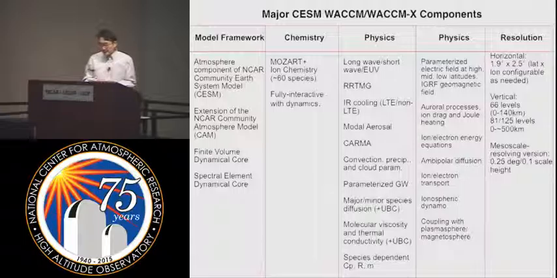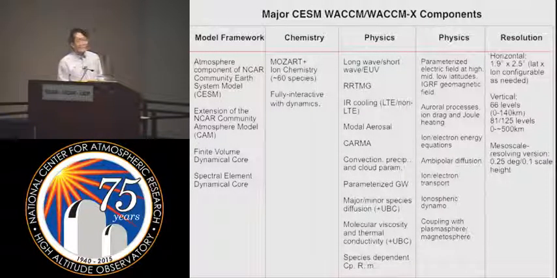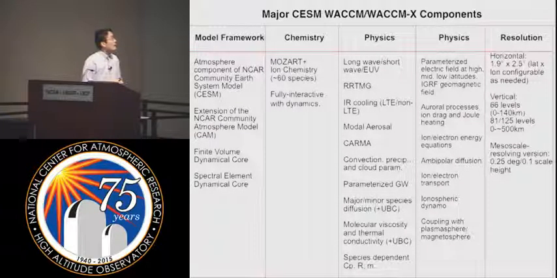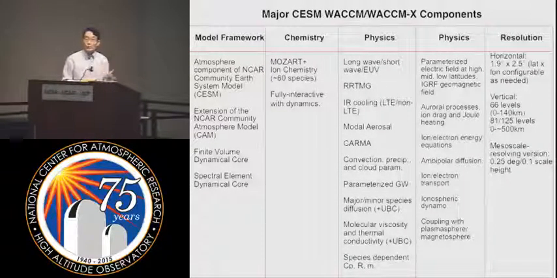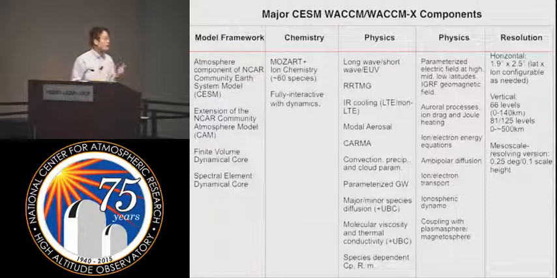And this is where we currently stand in the whole atmosphere model, the status. It's built on the framework of the NCAR CESM, the Community Earth System Modeling framework. And atmosphere is one of the, I think, 8 components. And there, of course, are ocean, land, and sea ice, all those different components.